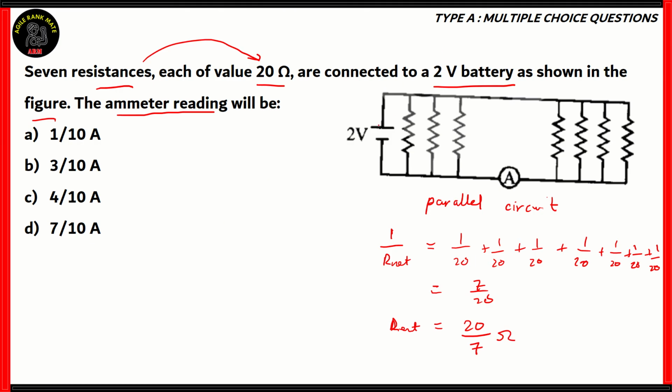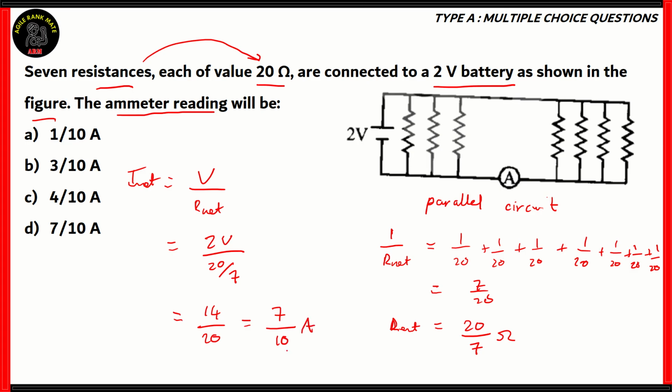Now, the source of potential difference is a 2-volt battery, so V equals 2 volts. So the net current is V over R net, which is equal to 2 volts over 20 by 7, which is equal to 14 over 20, which we can simplify to 7 over 10 amperes.